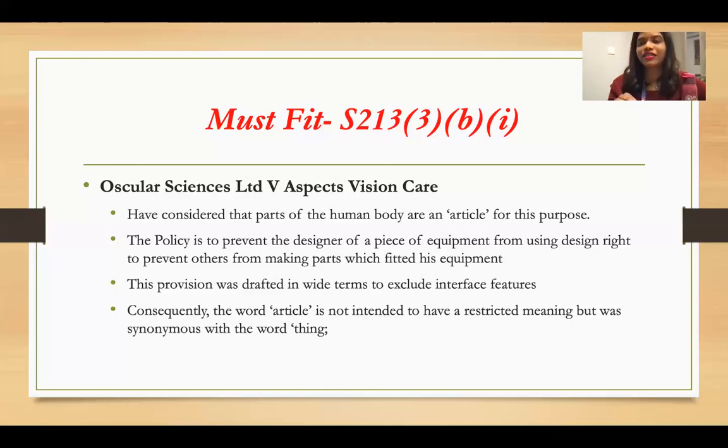And the courts have regarded that this will rely on the public policy. For example, with contact lenses, if they allow you to protect the shape or the design of the contact lens, what will happen is nobody else can come up with contact lenses. Only one manufacturer can come up with the contact lens.